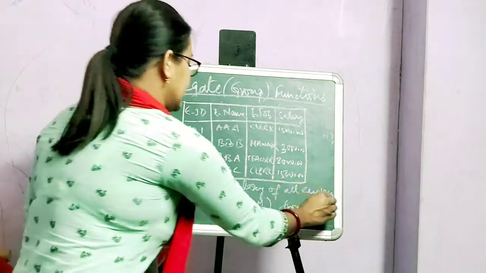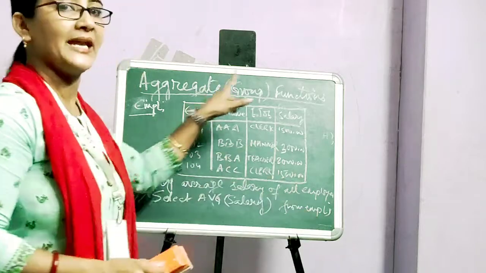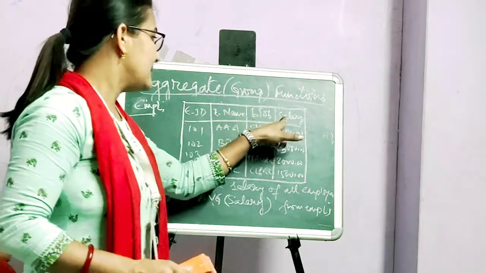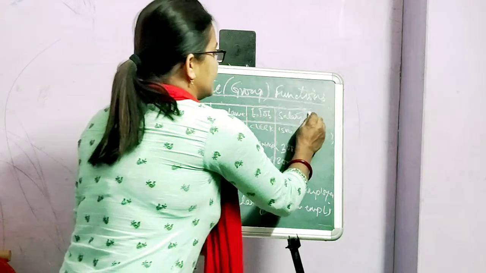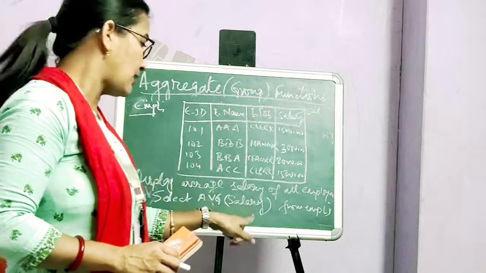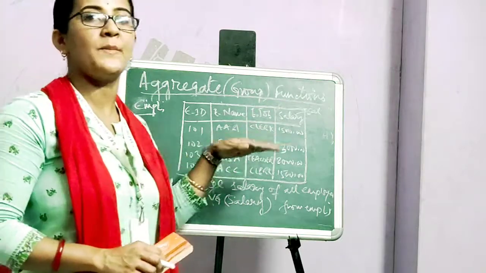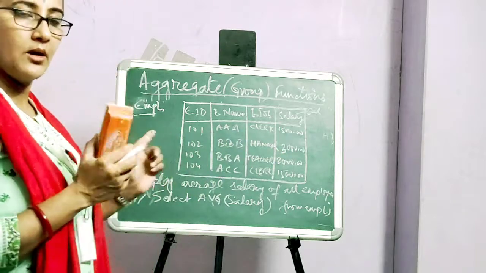EMPL. So select AVG(salary) from EMPL, where EMPL is the name of the table. If I had written it as SAL, the short name, then I would need to write SAL here also, otherwise there will be a mismatch with the name.